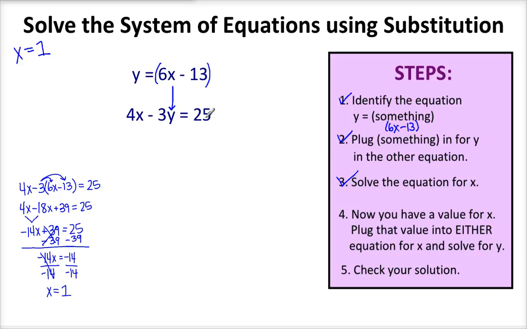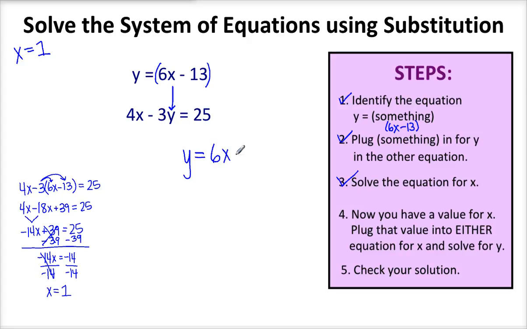So you'll remember that a solution to a system of equations will always have a value for x and a value for y. Right now I just have half of an answer. So I know what x equals, I need to know what y equals. So step number 4 says to figure out what y is, plug in x equals 1 into either of these equations and solve. So I'm going to choose whichever equation looks easier, and I'm thinking this top one looks easier.